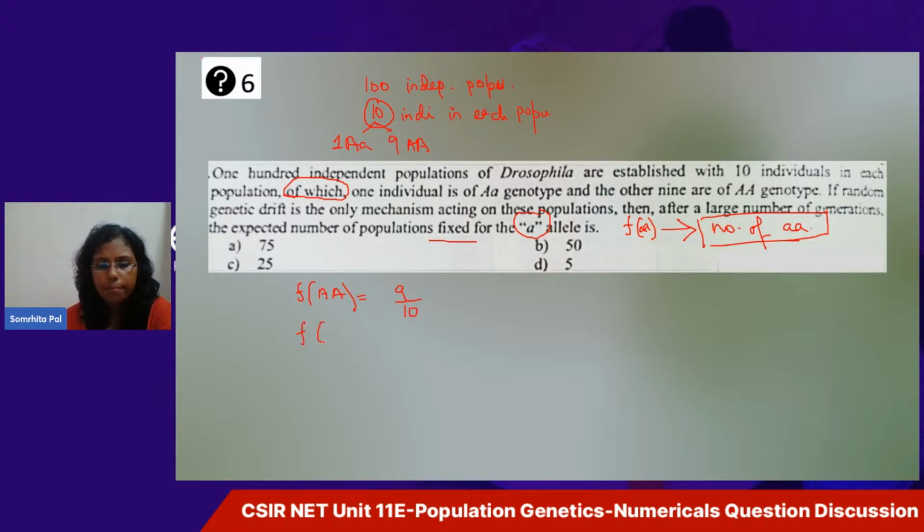The frequency of my heterozygous is 1 out of 10, right? From here, can I find the frequency of capital A?